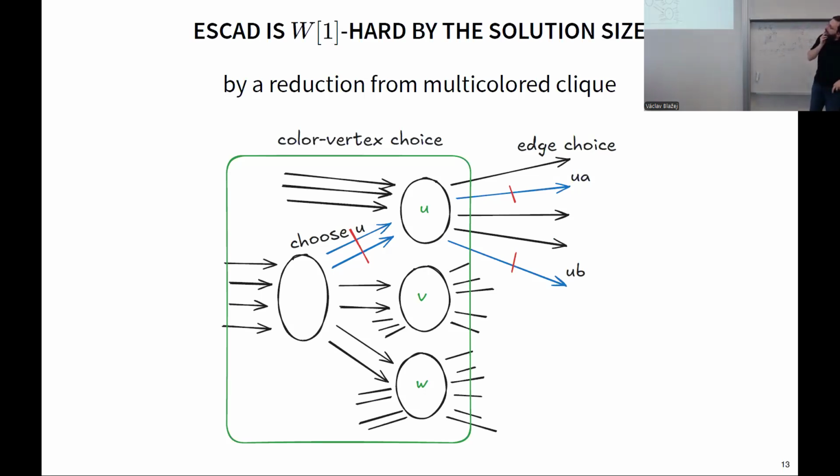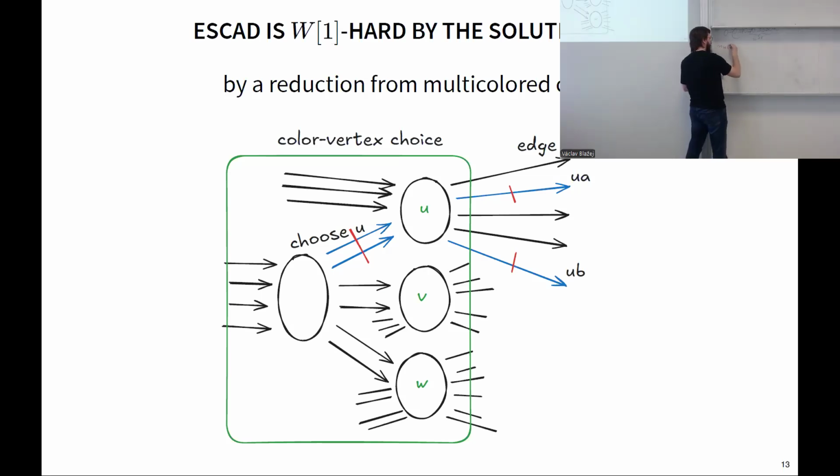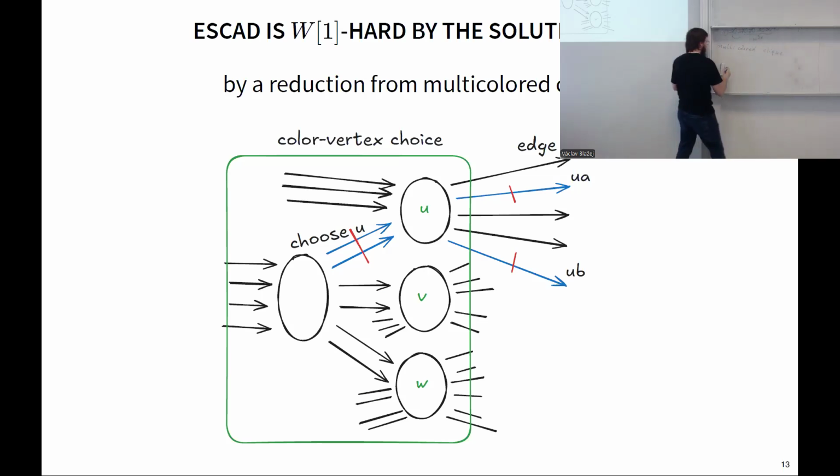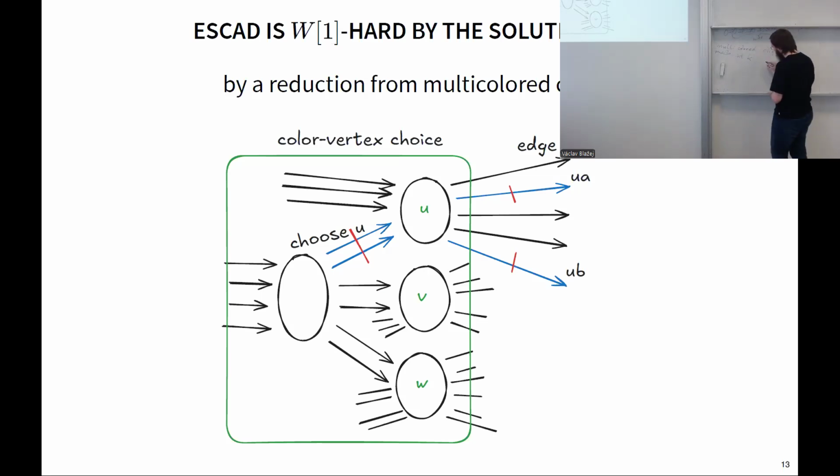So let me first remind you what we are reducing from here. Introduce the problem: multicolored clique. You are given a graph G and integer K, and a partition of the vertices V1 up to Vk.